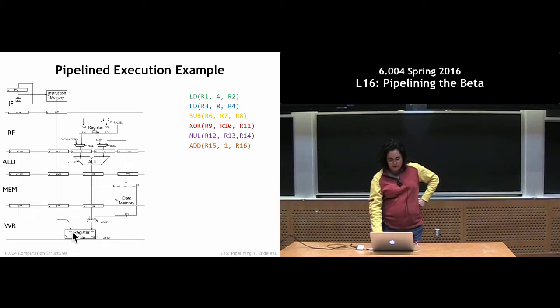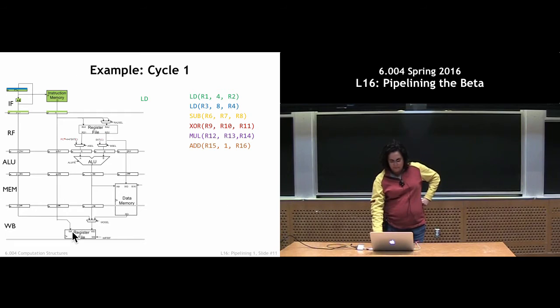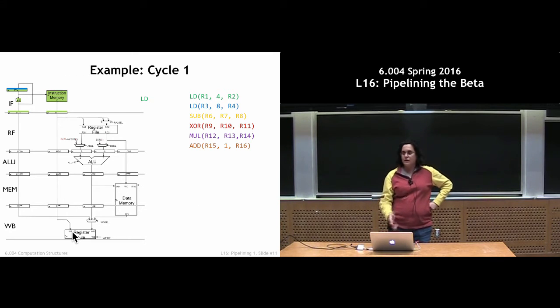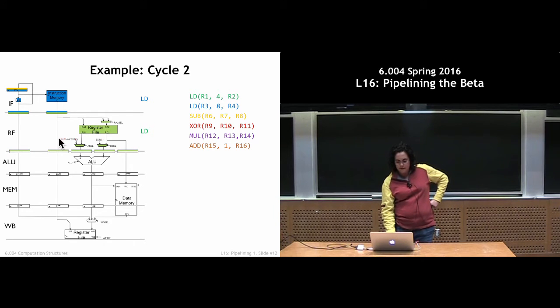So the way it works is as follows. We start off over here. Our first instruction, they're color-coded, so it makes it a little easier to see what's going on. And so this is our first load. It's being fetched, and at this point, we have fetched this load R1 for R2 instruction. In our next cycle, this first load moves on to the RF stage, and so now in the RF stage, it's going to read the contents of register R1, and it's going to produce this sign extended constant of the value 4 for this load operation.